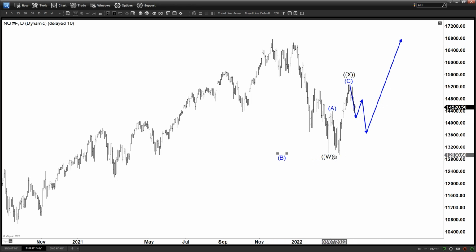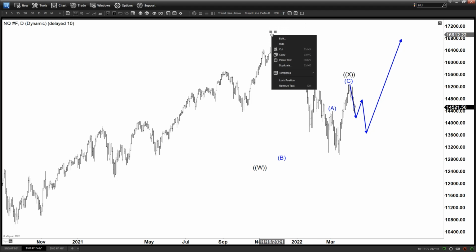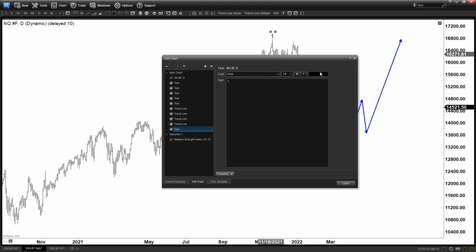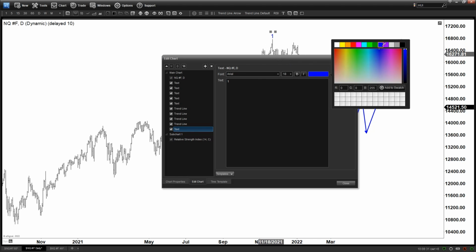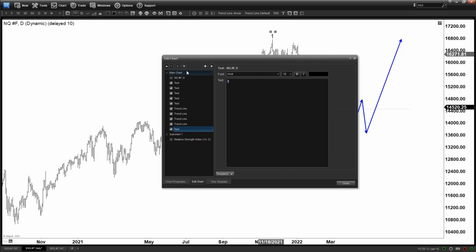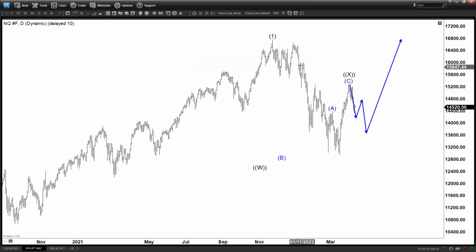So then maybe you call this move up from March 2020 some kind of wave 1 in the higher degree, right? So let's call it wave 1, I don't know, just make up the count, maybe in the super cycle or whatever you want, like a wave 1 here, okay? And so that means if this is your wave 1, this is your wave 2, right?